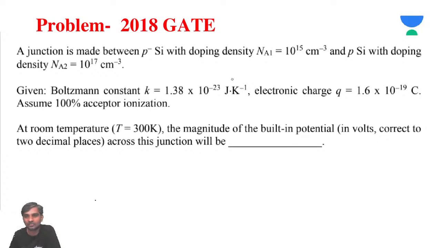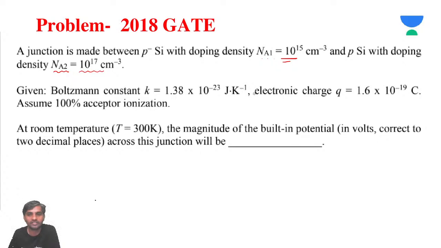I think it is not so clear, but still bear with me. A junction is made between P minus silicon with a doping concentration of Na1 equal to 10 to the power of 15 per centimeter cube, and P silicon with a doping concentration of Na2 equal to 10 to the power of 17 per centimeter cube.